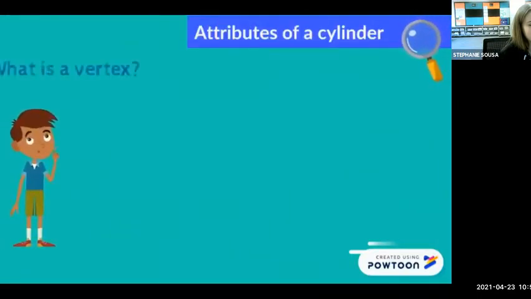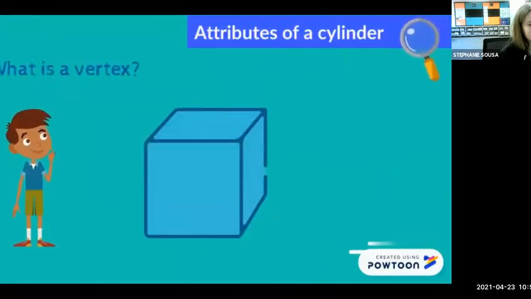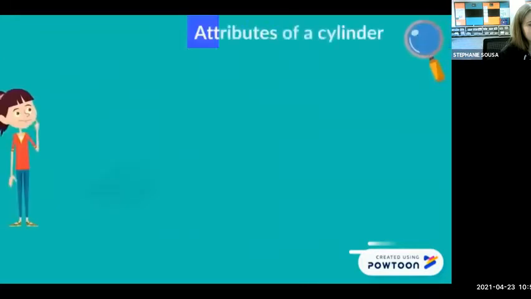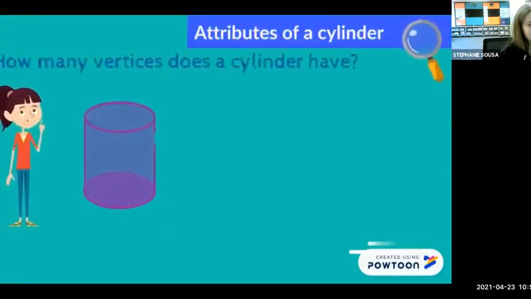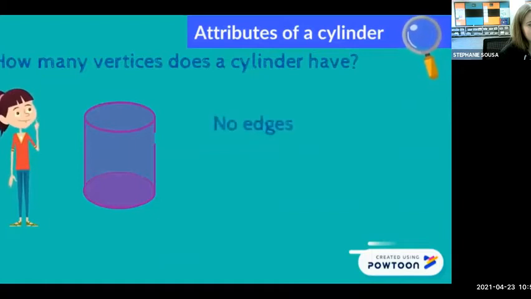Let us review what is a vertex. A vertex is created when 2 or more edges meet. If we need at least 2 edges to make a vertex, and since a cylinder doesn't have any edges, does that mean cylinders have no vertices? If your answer is yes, it does, then you are correct. A cylinder has no vertices.